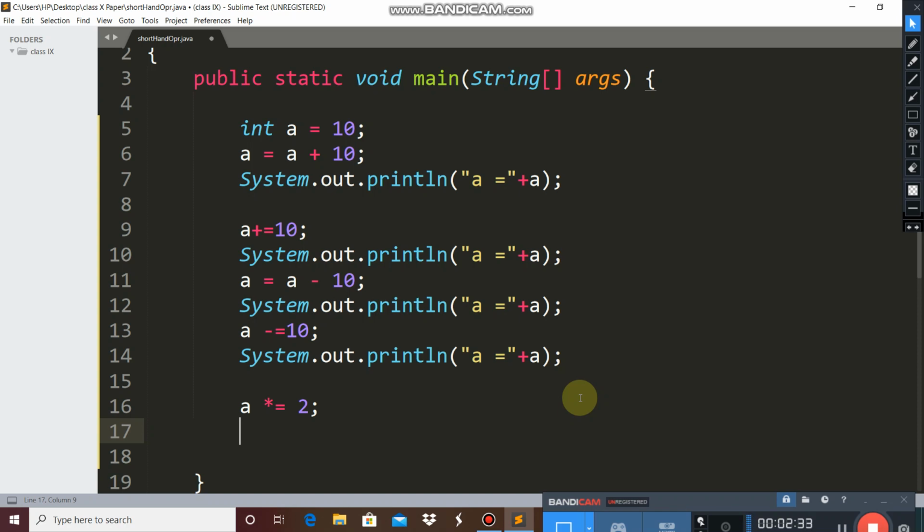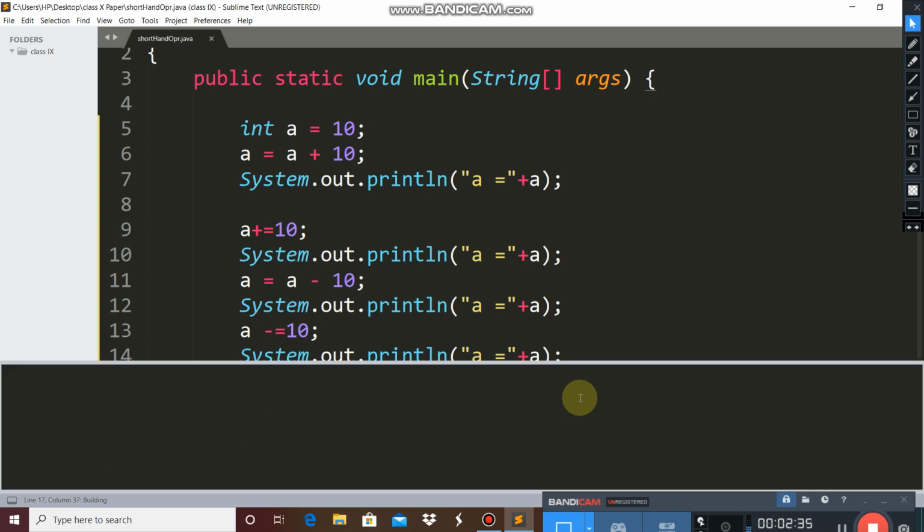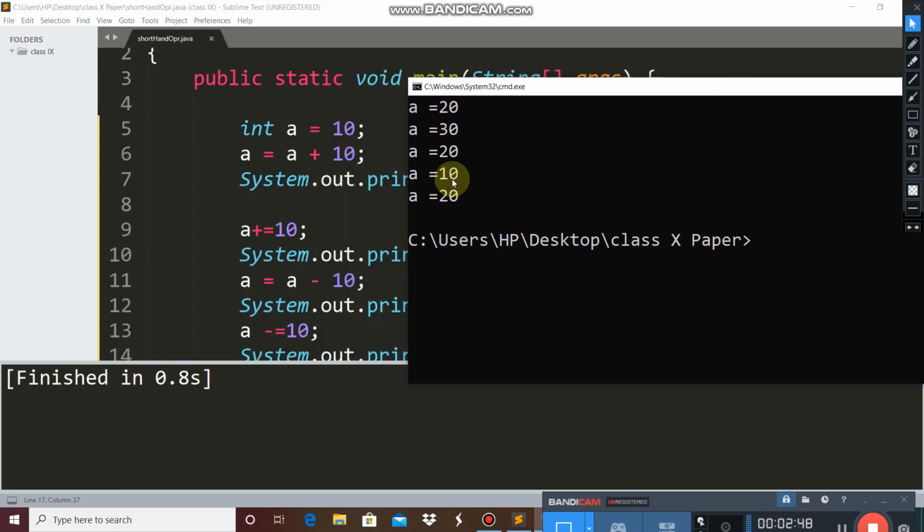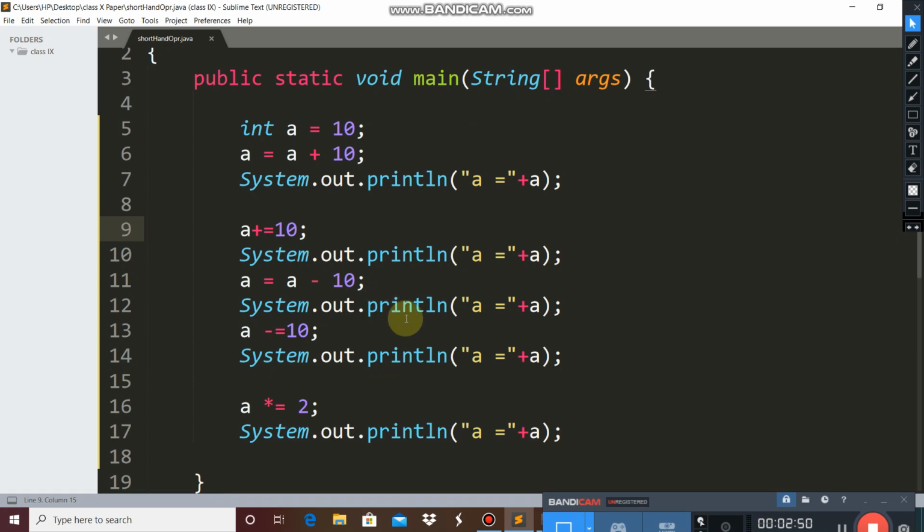Just check that: the initial value of a was 10, then 20, then 30, then subtracted by 10 it became 20, then 10, and finally here we are doubling the value of a.